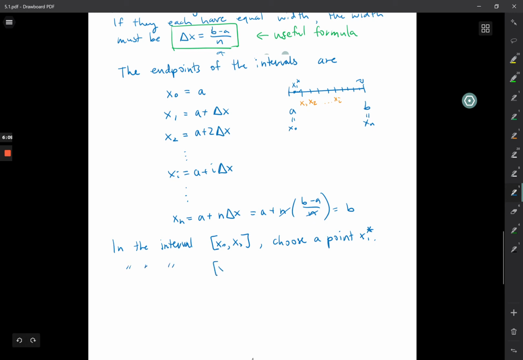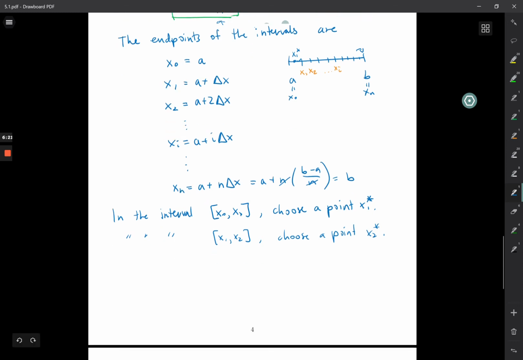So in the interval x1 to x2, we're going to choose a point and call it x2 star, right? And so we're just going to keep doing this.